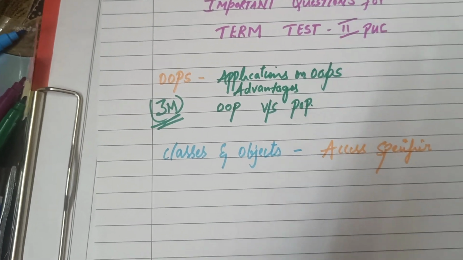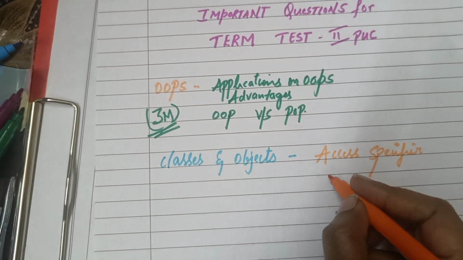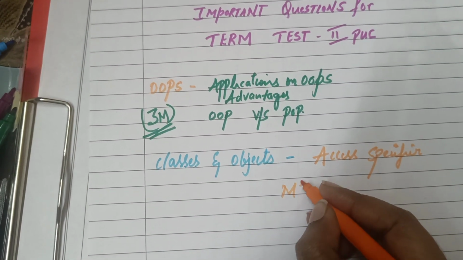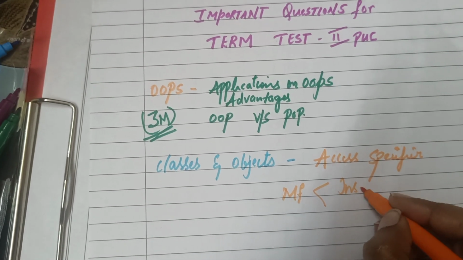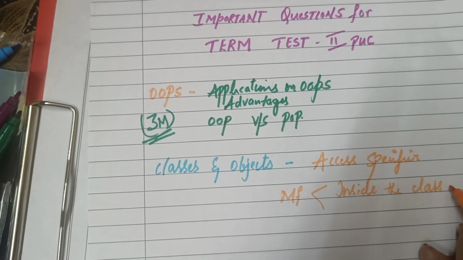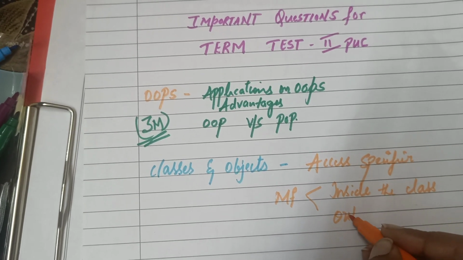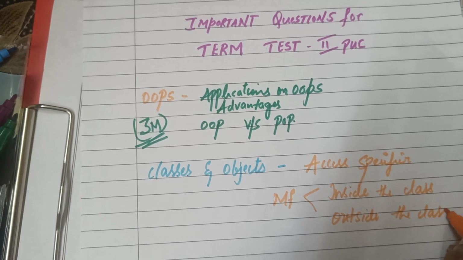So the next question from classes and objects is member function. There are two kinds of member functions: one is inside the class definition, and another is outside the class definition.